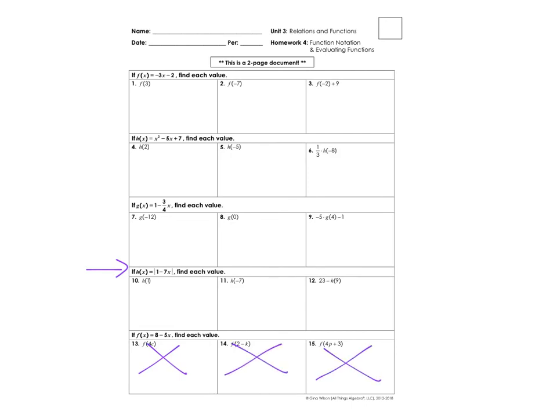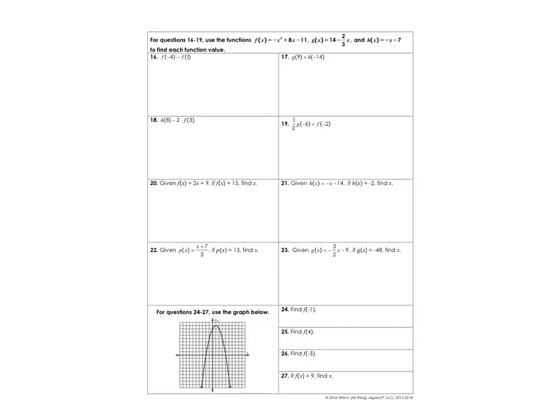Those are the ones we skipped over in the notes. And then if you look at the second page, I'm going to have you skip 22 and 23, just to shorten it up a bit.